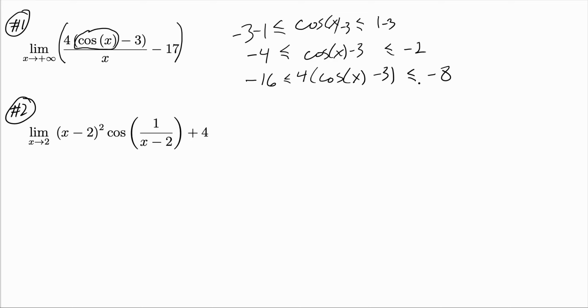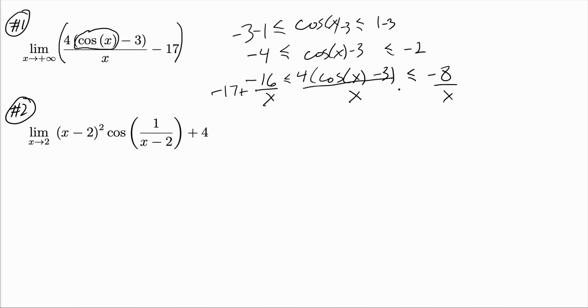Now x is going to be a positive number heading off to positive infinity, so dividing by a positive number will not change the direction of the inequality ever. So we have just divided by x, so this works. And then in all these inequalities we can just add -17.